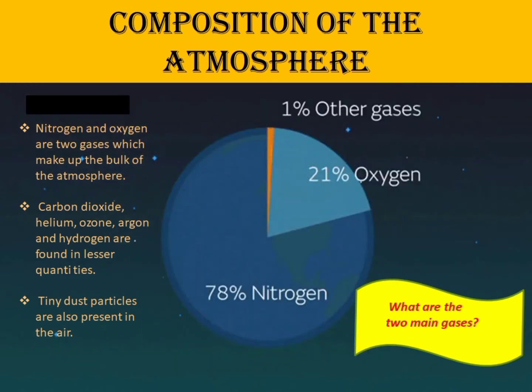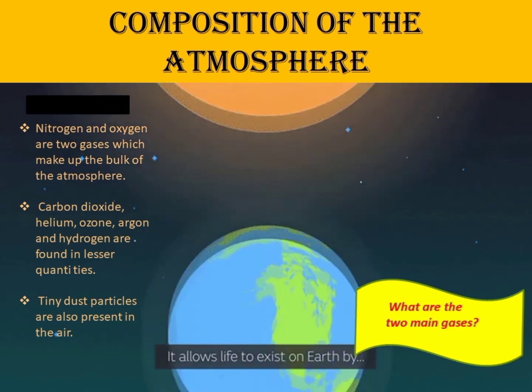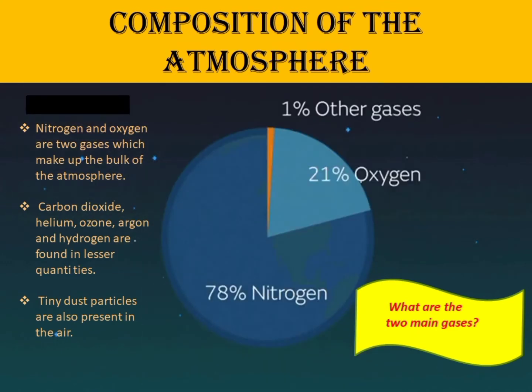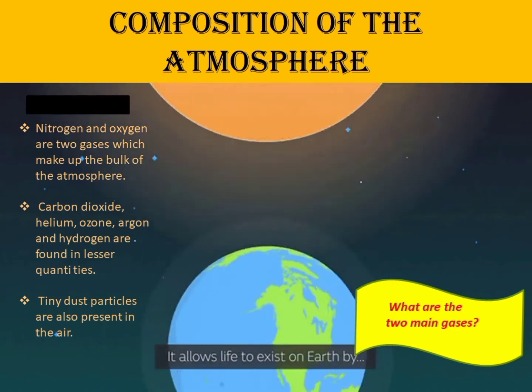Nitrogen amounts to nearly 78% of the volume of air, while oxygen makes up about 21%. And moreover, carbon dioxide, helium, ozone, argon and hydrogen are found in lesser quantities. So, these are multiple gases which are also present in the atmosphere.